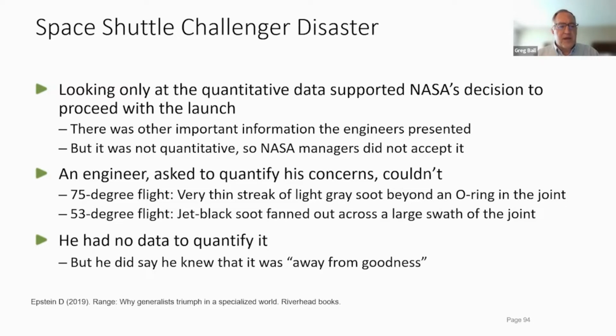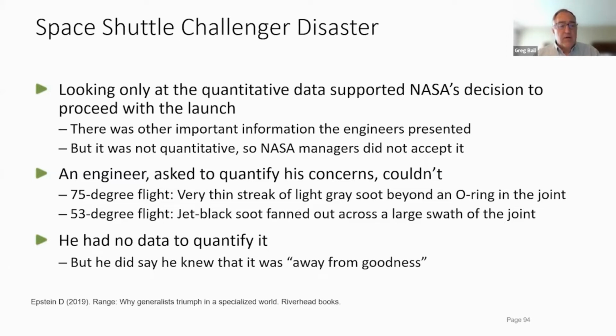There was an engineer who introduced some information, a couple of observations. There was a failure of an O-ring in a flight that occurred in 75-degree temperature. And then there was a second failure of an O-ring in 53-degree temperature.